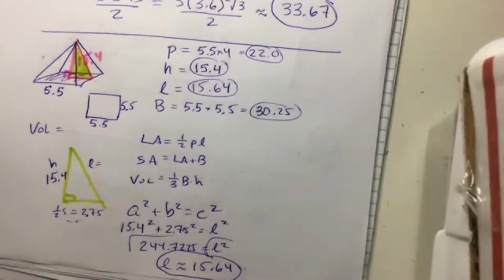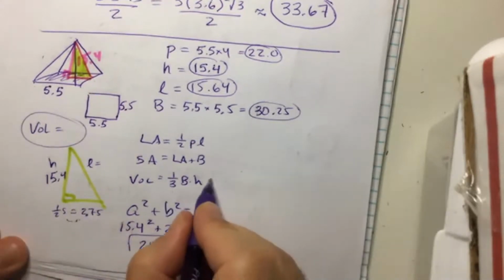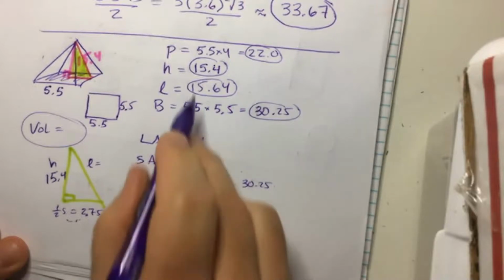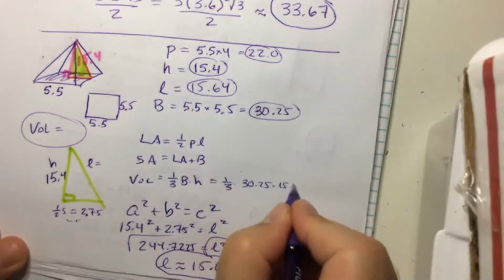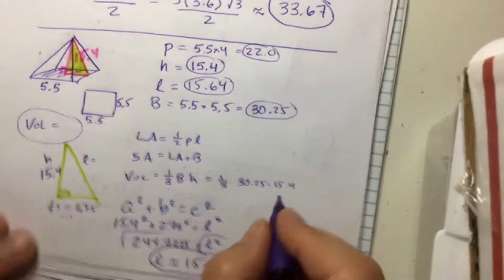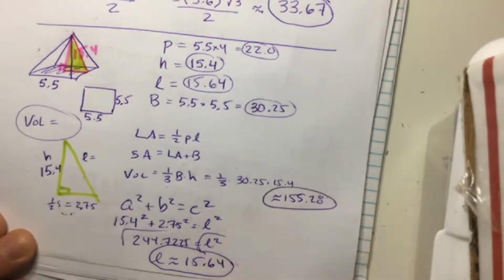Okay, and then depending on what's being asked for, again, mine was asking for volume. So I'm going to come down here and go 1/3 times 30.25 times H, which is 15.4. So 30.25 times 15.4 divided by 3 is about 155.28.